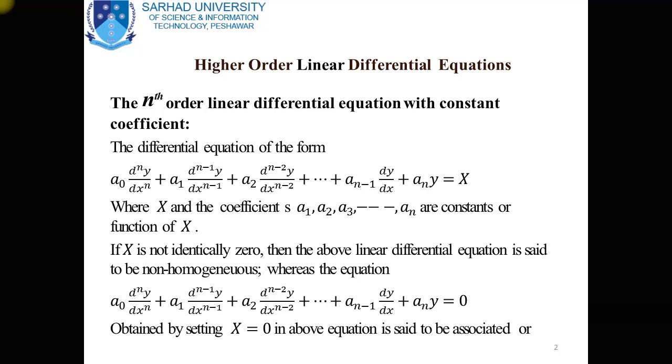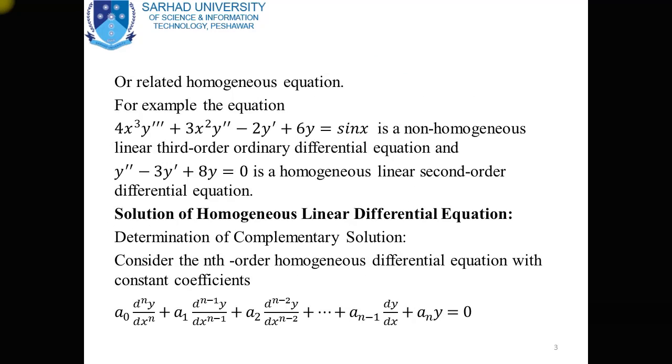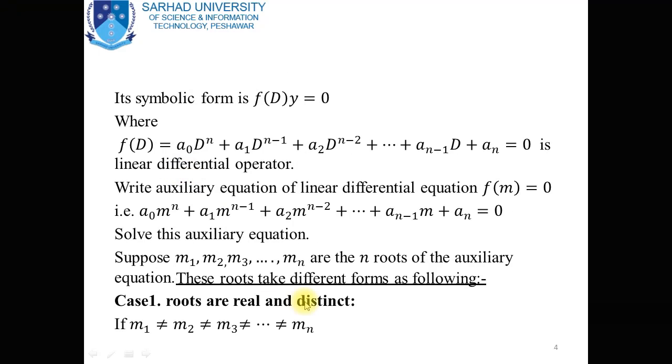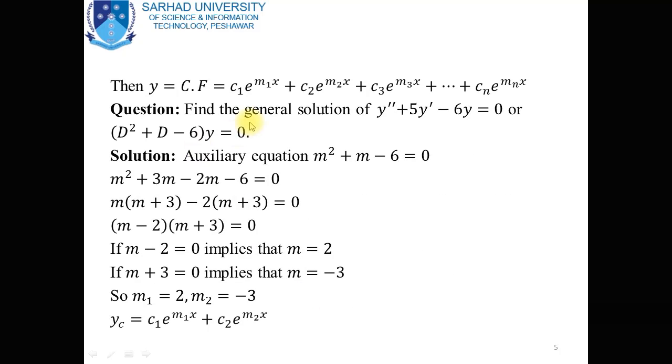So if the roots are real and different, then the complementary function will be c1 e power m1x plus c2 e power m2x plus c3 e power m3x plus and so on plus cn e power mnx.